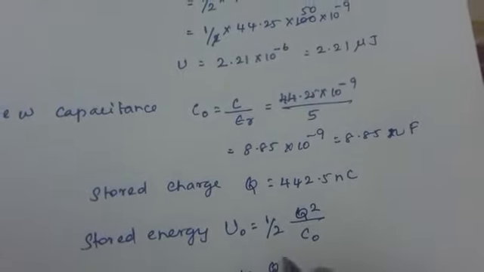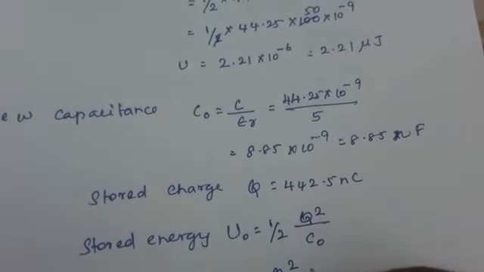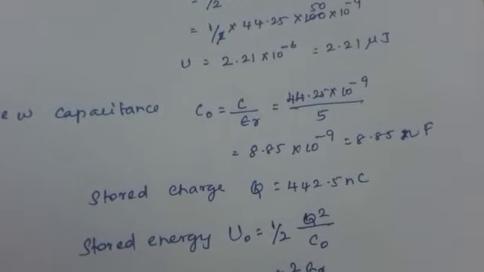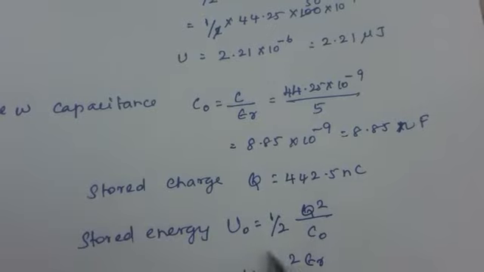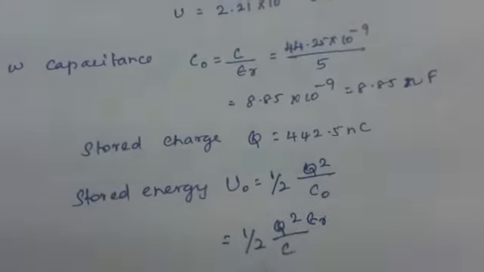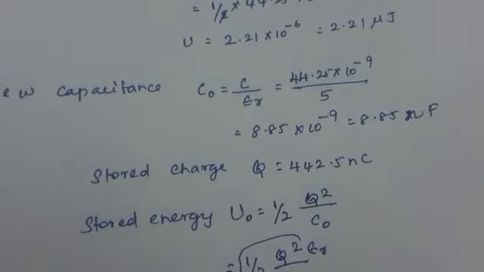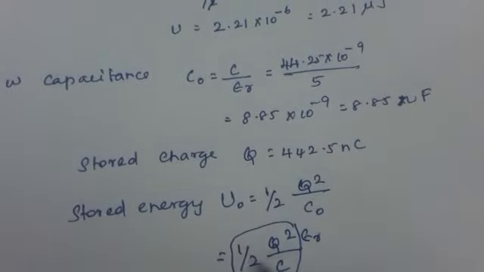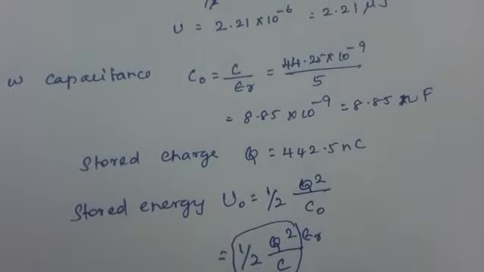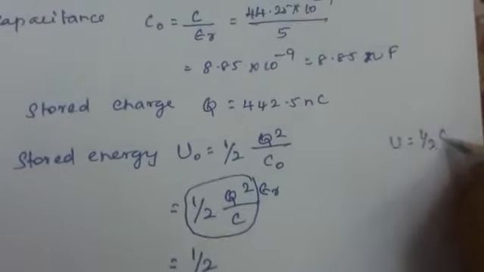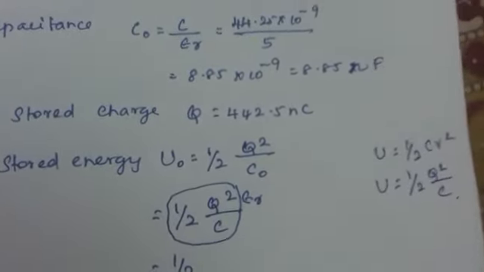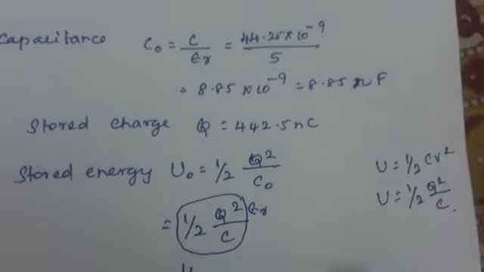For C0, I am going to use C by epsilon R, so it is half Q square into epsilon R by C. This value is again U, so it is another formula for energy. There are two formulas for energy: one is U is equal to half CV square, and another one is U is equal to half Q square by C. Any one formula we can use. Here we are using this formula.